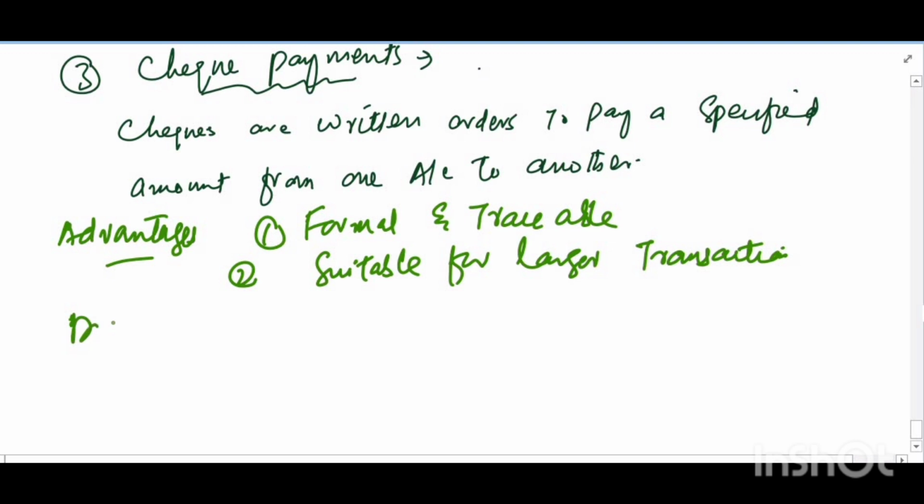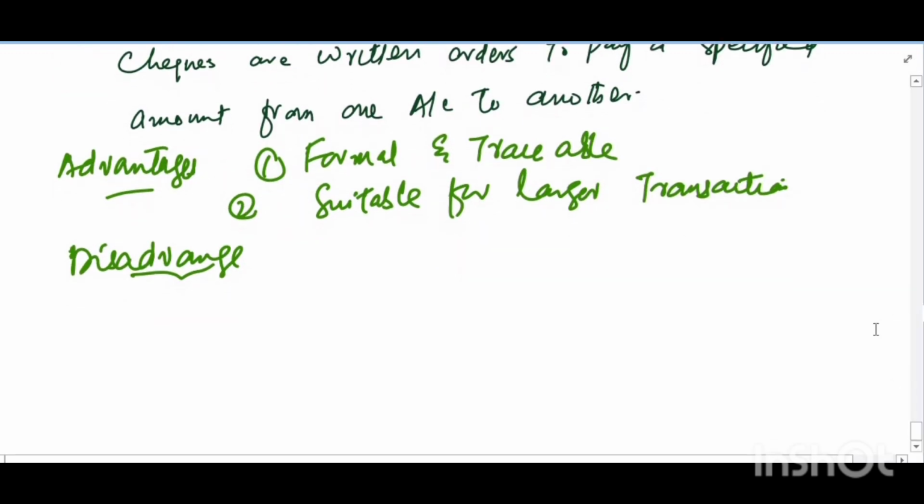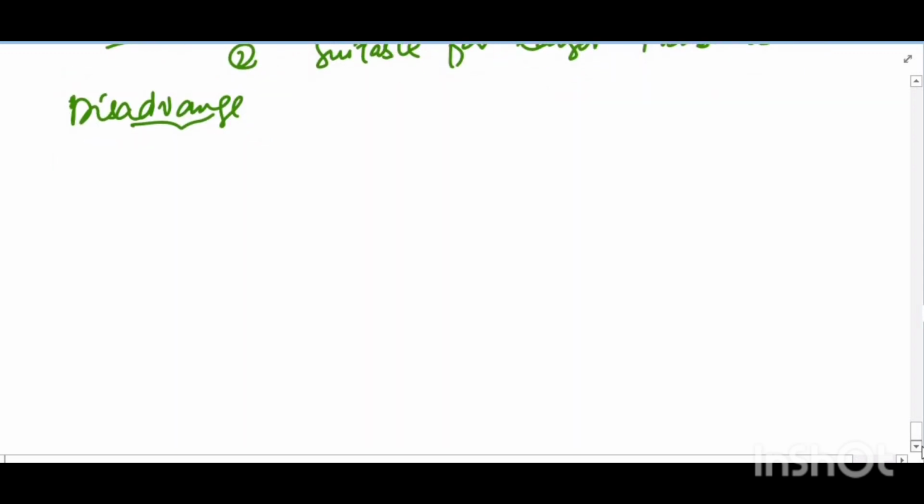Now, what are the disadvantages of this method? If you are using a check, what will be the disadvantage for you? These will be the demerits. The first one is processing time, like clearance and verification.